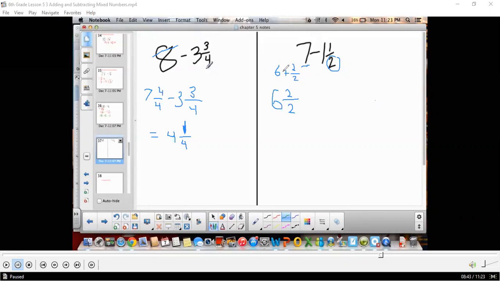Then we make it a mixed number minus 1 and 1 out of 2. In this case, we already have the same denominator. So 6 minus 1 equals 5, and this is 2, and 2 minus 1 equals 1.